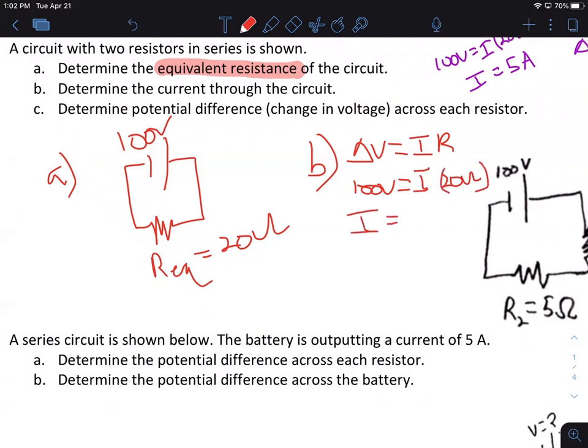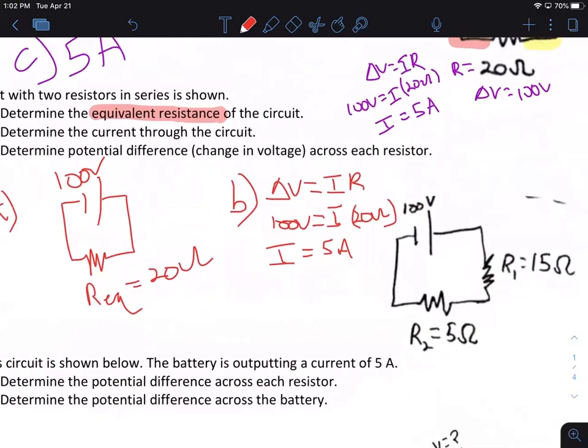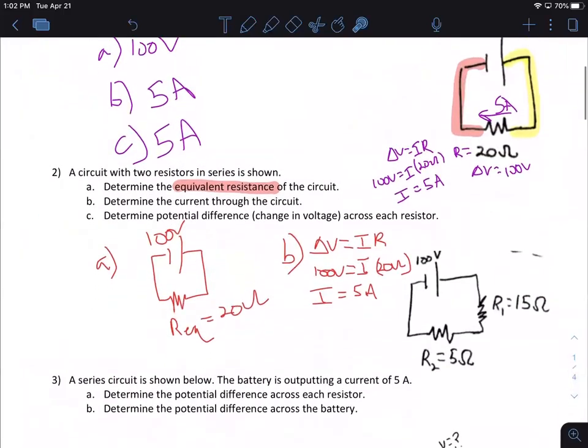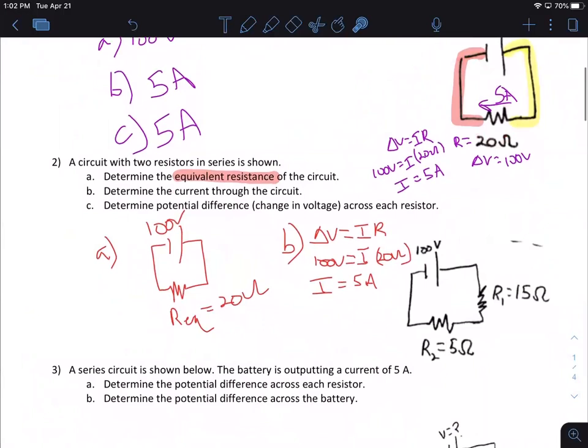So current 5 amps. You'll notice that our equivalent resistor for this question is the same as our actual for the previous question. Totally on purpose. Determine the potential difference, the change in voltage, across each resistor.